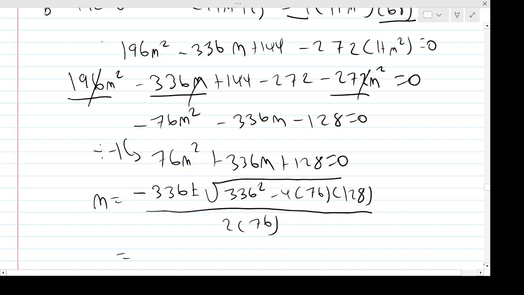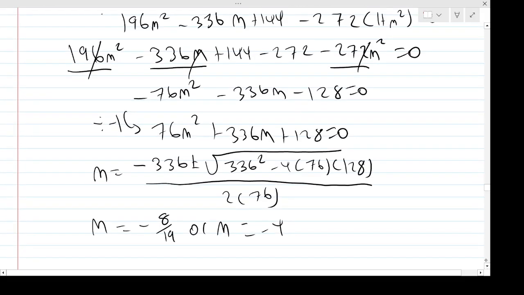Put that in the calculator, and m is minus 8 over 19, or m is minus 4. So again, fairly nice values, which as an exam tip suggests you're on the right path.